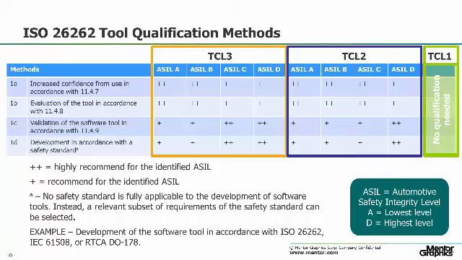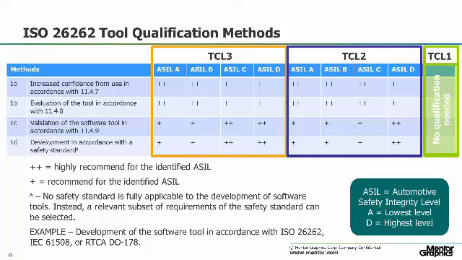And it identifies 4 different approaches to qualify the use of a tool. And depending on the ASIL level, which is the automotive safety integrity level, with A being the lowest level and D being the highest level, the standard identifies which approaches are appropriate for which ASIL level.